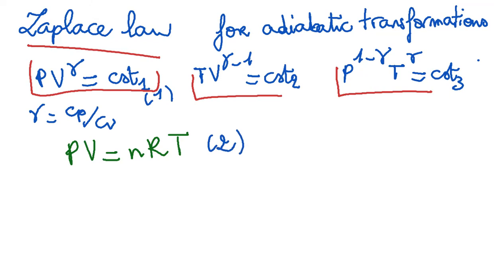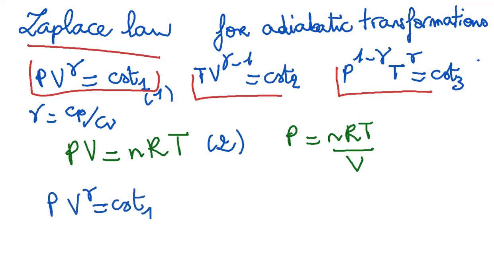If we replace inside the first equation the pressure by the expression that we can deduce from the perfect gas law, P equal to nRT over V, taking equation 1, then I will obtain this result.